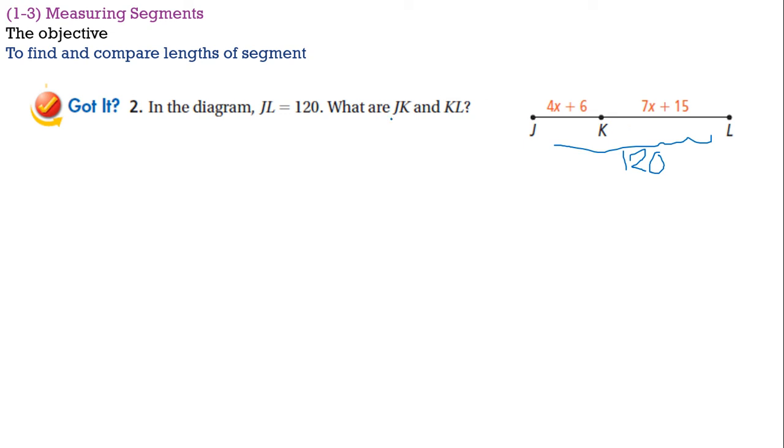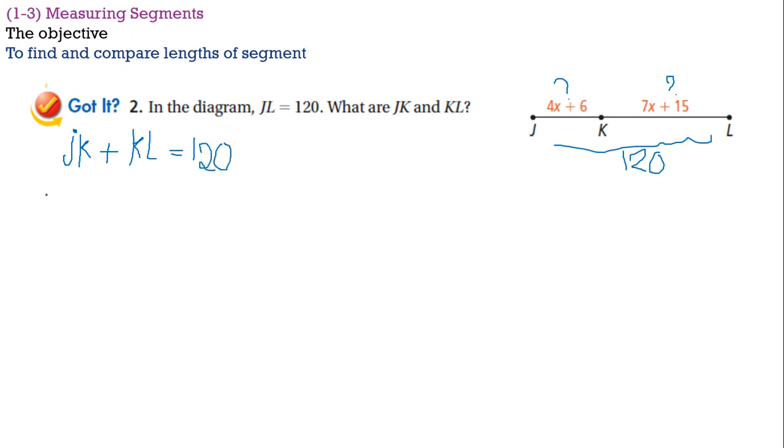Now, what are JK? Again, this one. And what is this one also? Let's do exactly the same thing that we did. By using the segment addition postulate, we can say JK plus KL is equal to 120. Right?